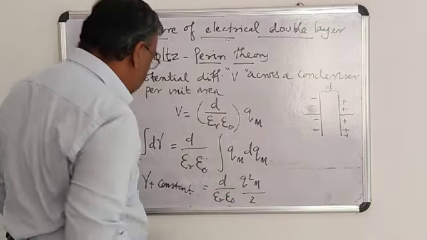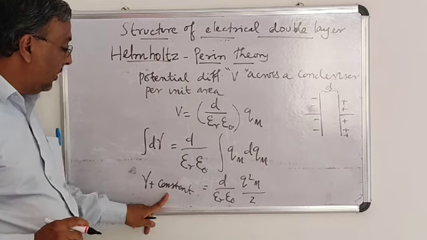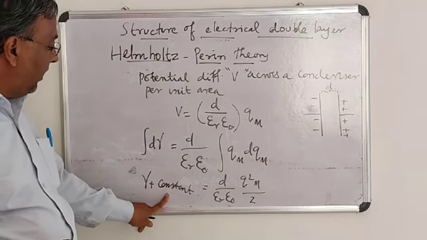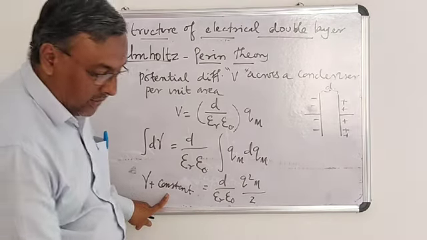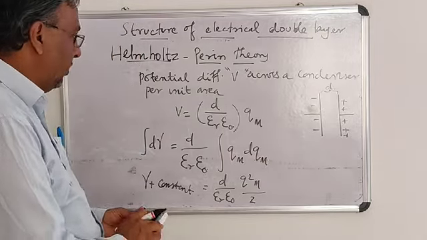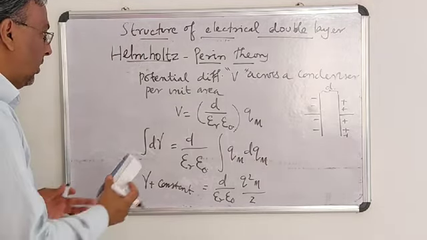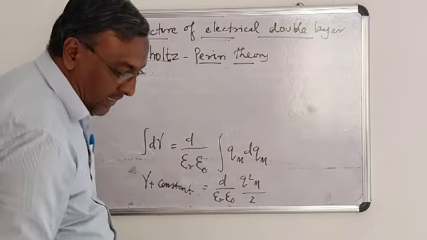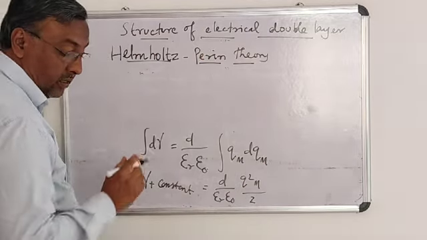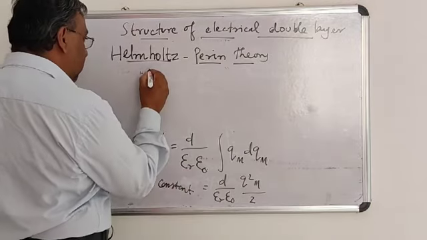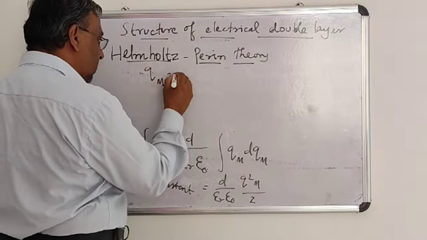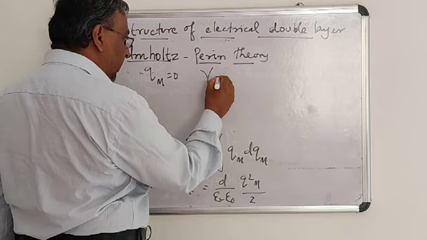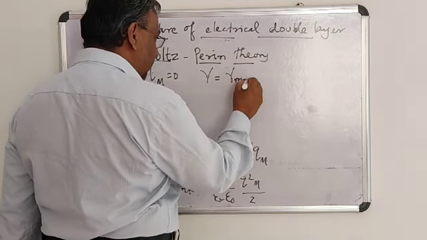Now we have to evaluate the value of this constant. I am applying a condition: when Qm is equal to 0, automatically gamma will be equal to gamma max.